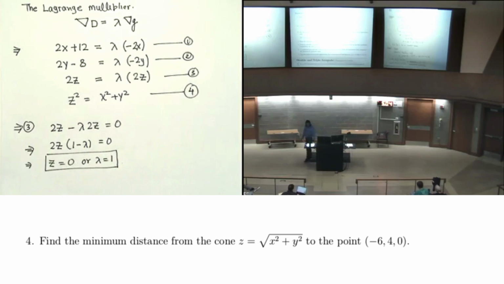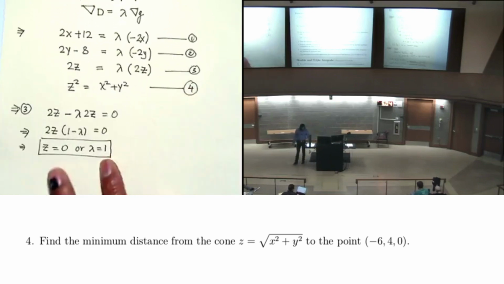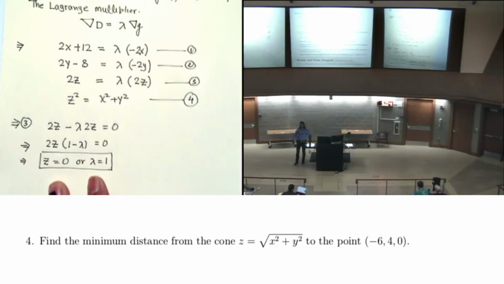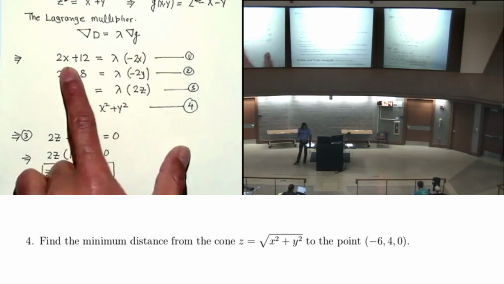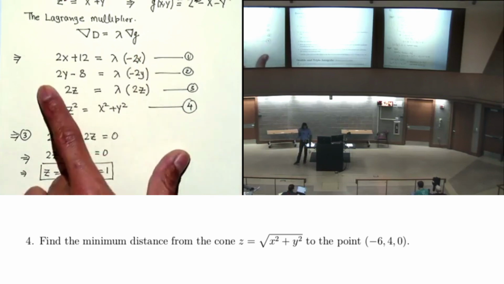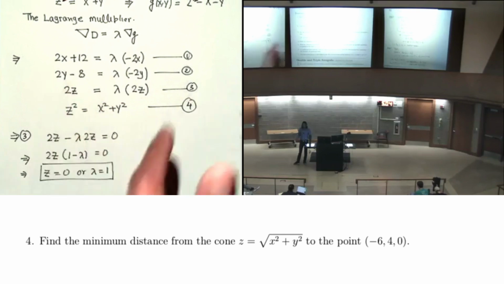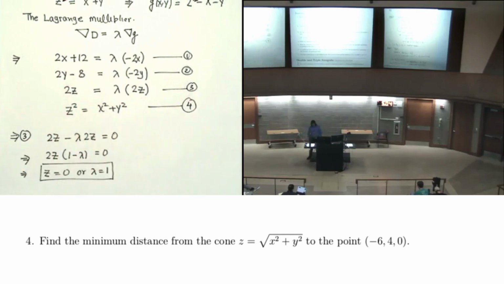So I immediately find values of z and lambda from equation number 3, rather than systematically solving first, like dividing by 2x on the other side, then dividing by 2y and 2z and setting them equal to 0 and doing all these things. But I have the solution from equation number 3.